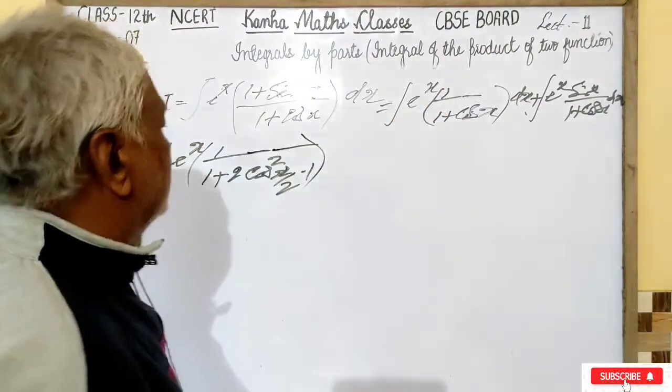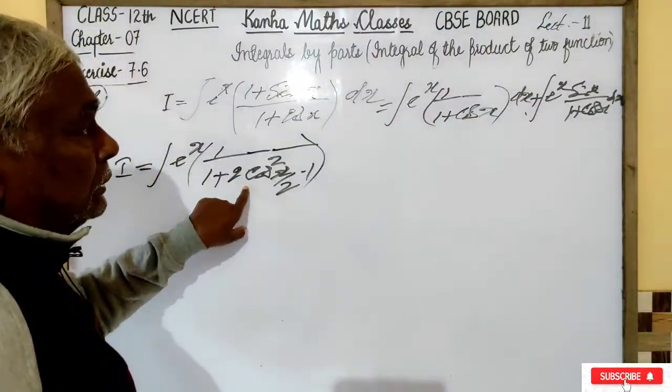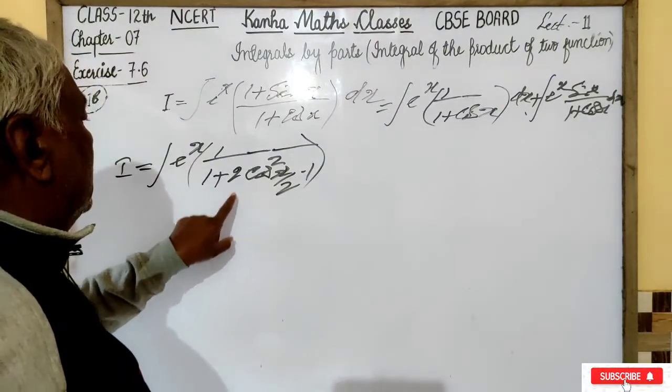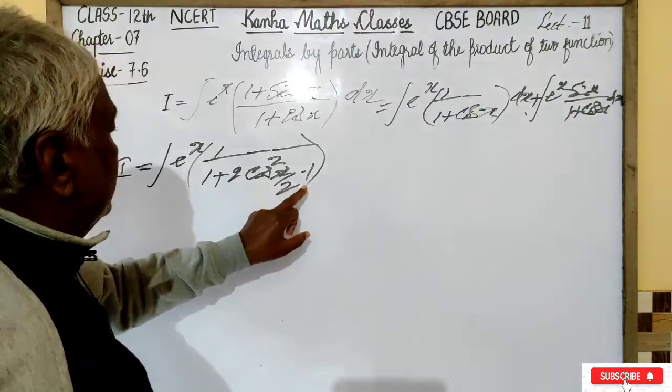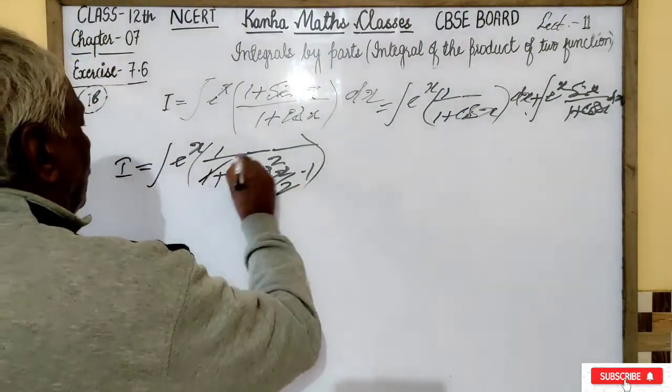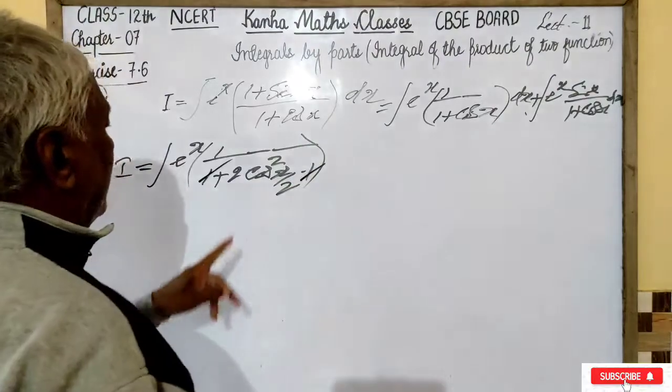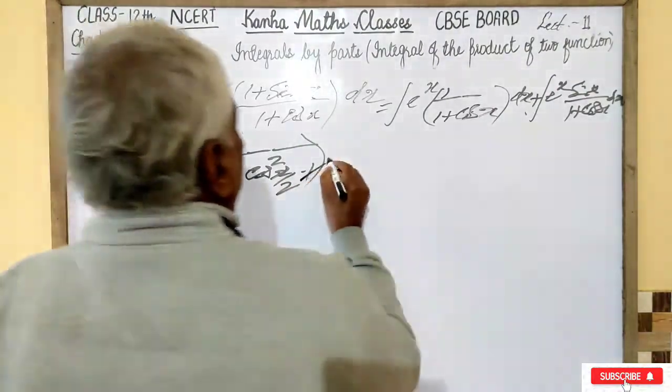One upon 1 plus cos x is solved by 2 cos square x by 2, and you will cancel plus 1 by minus 1, dx.